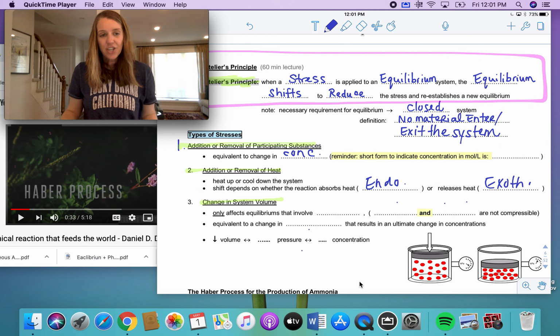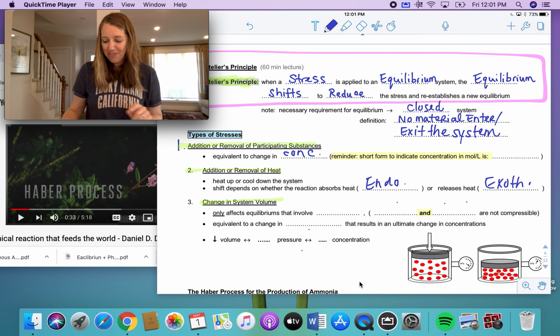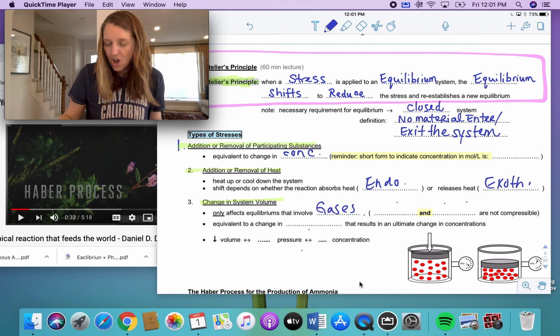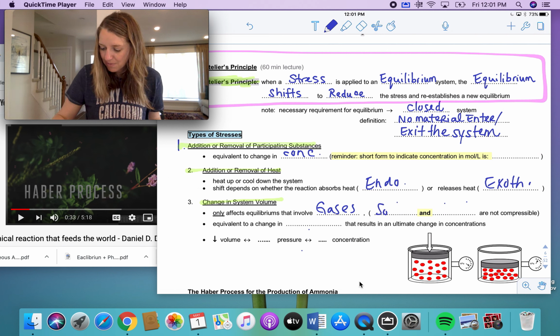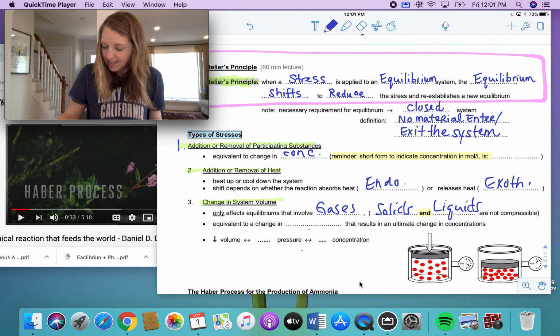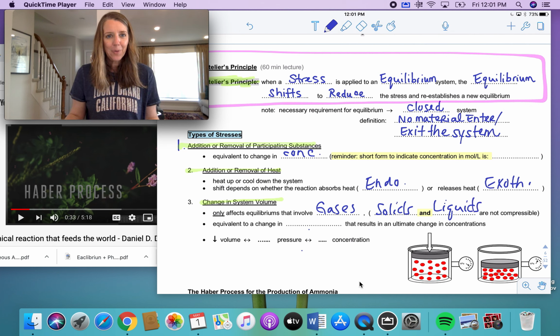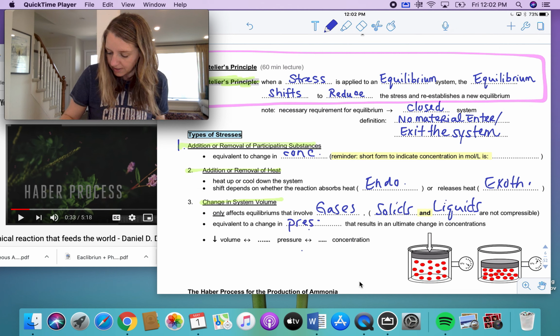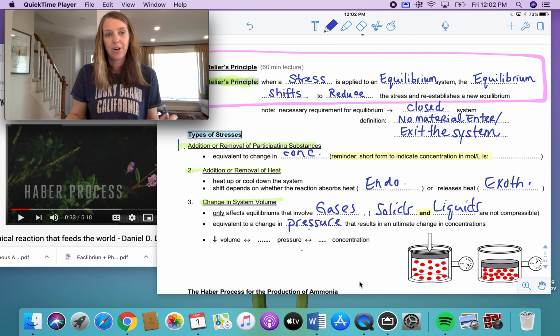Third stress, the change in the volume of a system. This is only going to affect an equilibrium that involves all gases, because you have to remember that solids and liquids aren't compressible, okay? So the equivalent is like the change in, you guessed it, pressure. Because if you decrease the volume of a system, can you see right here?